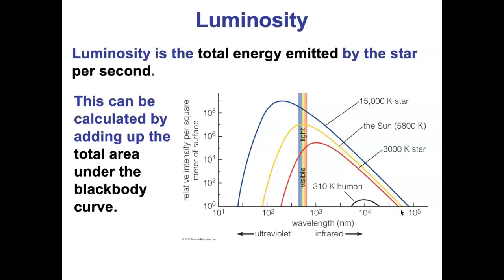We've got the luminosity. And so you can look at these stars and say, well, this red star has a small area under the curve. That's going to be a dimmer star. The blue star has a larger area under the curve. It's going to be a brighter star.